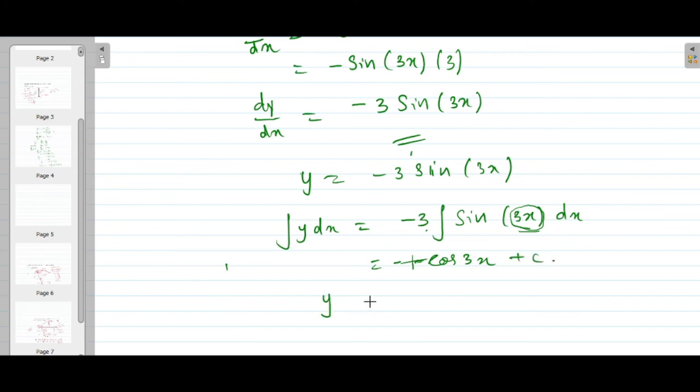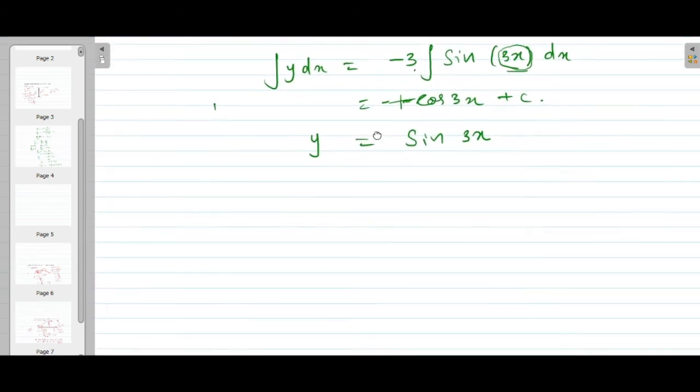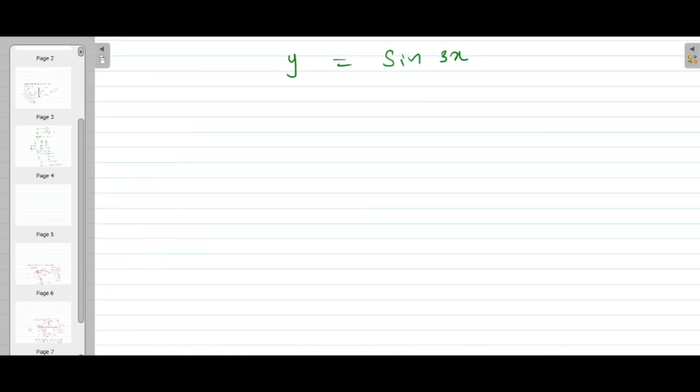Okay, to make you understand the reverse chain process better, let us consider the example of y equal to sin 3x. If y is sin 3x, what could we have done? Integral y dx equal to integral sin 3x dx.